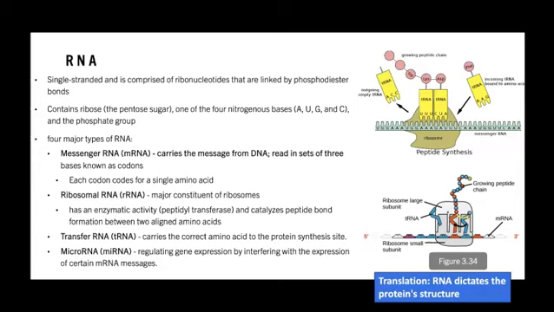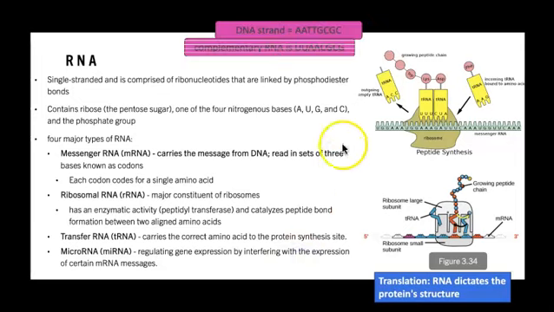So we really saw how that polypeptide chain gets created. So if I had a DNA strand that had AATTGCGC and we were going to create a complementary RNA strand for that, we would pair up the A's with U's, right? UU.